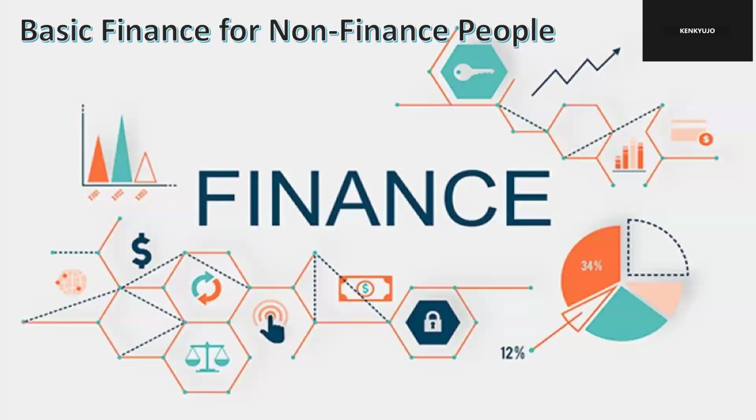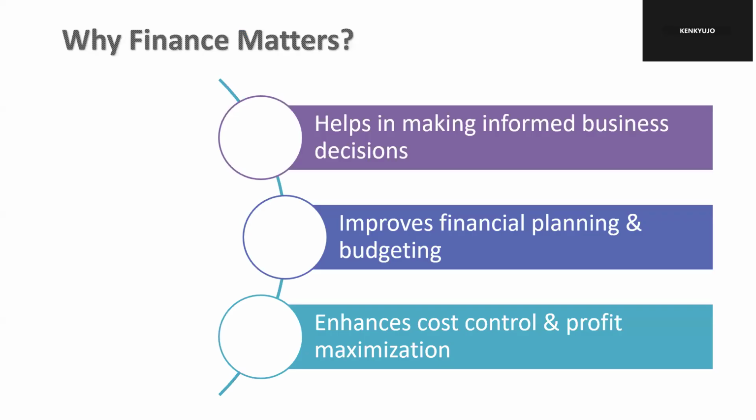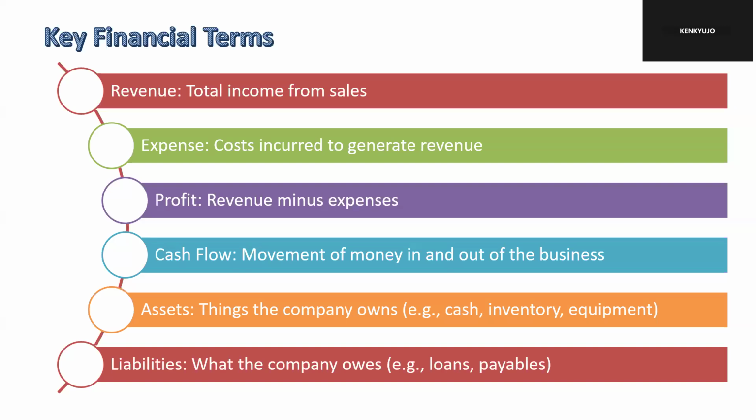So we discussed basic finance for non-finance people. Why is finance important? There are three reasons: helps in making informed business decisions, improves financial planning and budgeting, enhances cost control and profit maximization. Key financial terms. In here we discussed six: revenue, expense, profit, cash flow, assets, and liabilities.